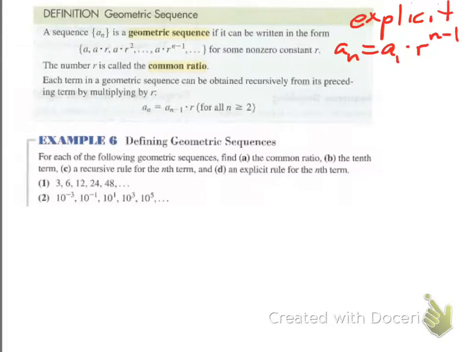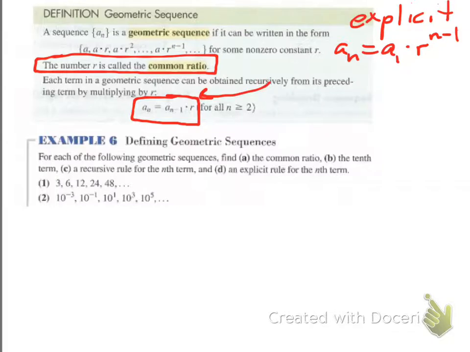Now, the number r is called the common ratio. So in other words, it's the common number that everything gets multiplied by or divided by. That's why it's geometric.